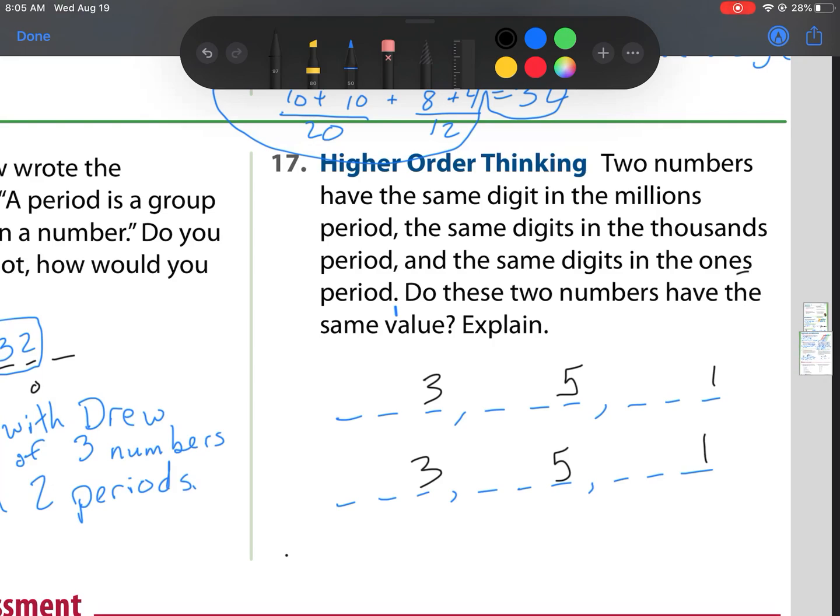So it's not just the one place value, but it's the same throughout all of the period. You'll notice it's that same thing here, same digits in the thousands period. So it's the same in all of them. And then it says have the same digit in the millions period. So yeah, are these numbers the same? So we would say yes, they have the same value.